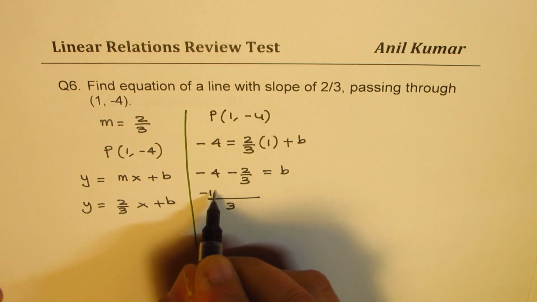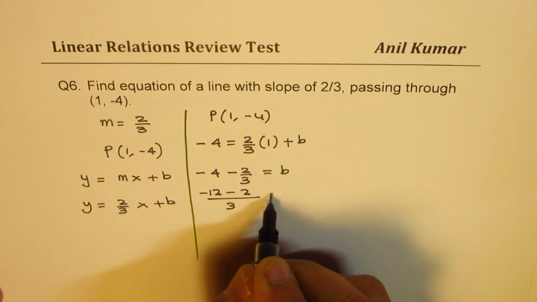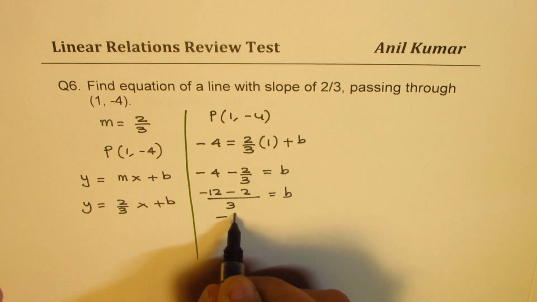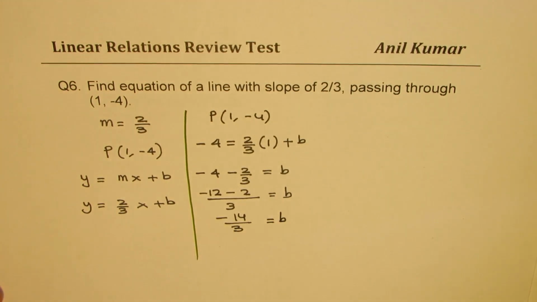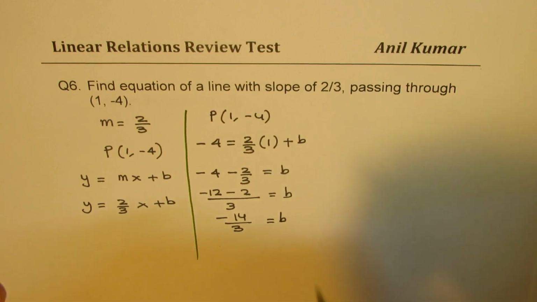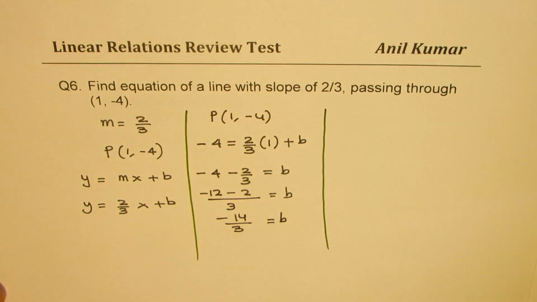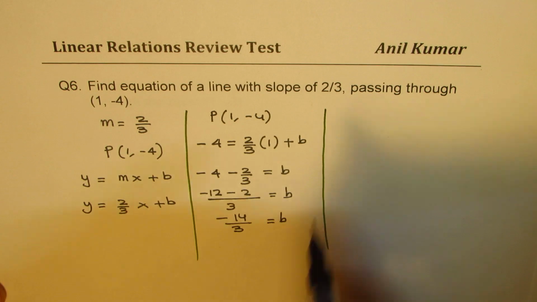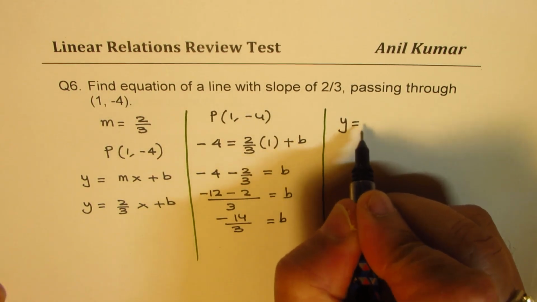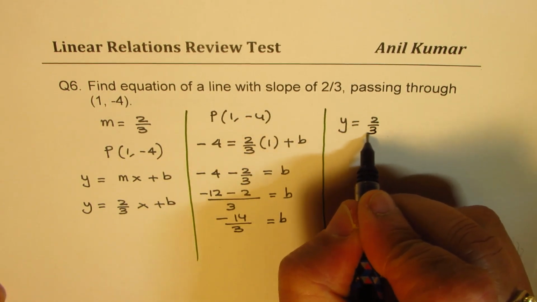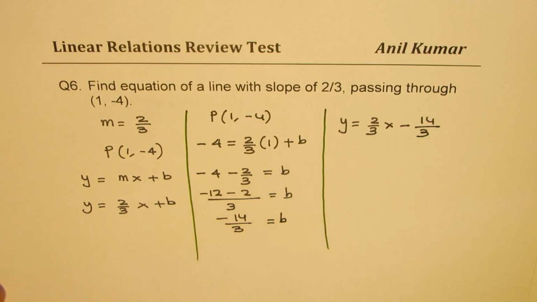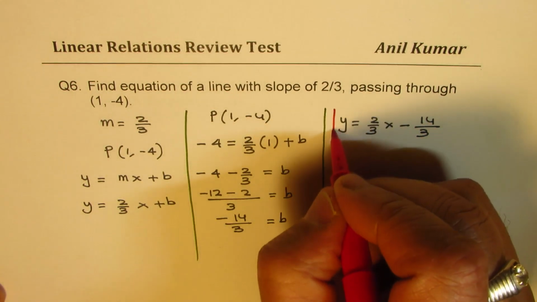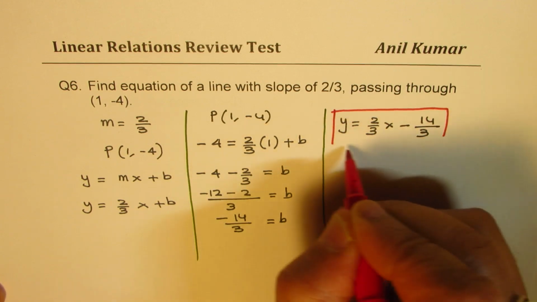So we get -12 minus 2 over 3 equals b, or -14/3 is equal to b. Correct? So once we get the value of b, we can now write down the equation of the line, which is y equals 2/3 x minus 14/3. Now this is your equation in slope-intercept form.